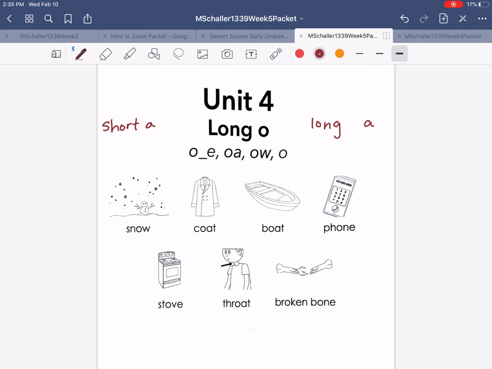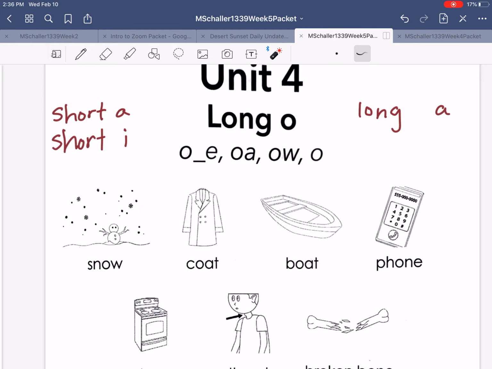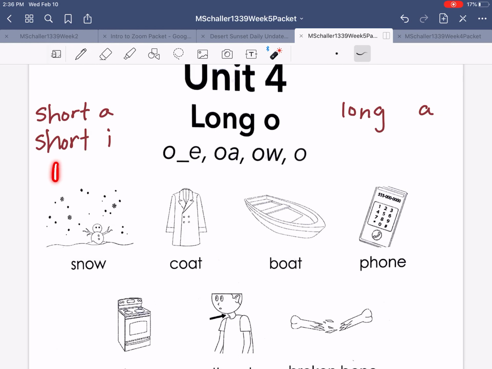Then, next we practiced I, the vowel I. So short I, the short sound for the letter I is I, like the word pin. In long I, the I sound is I, like in the word pine.